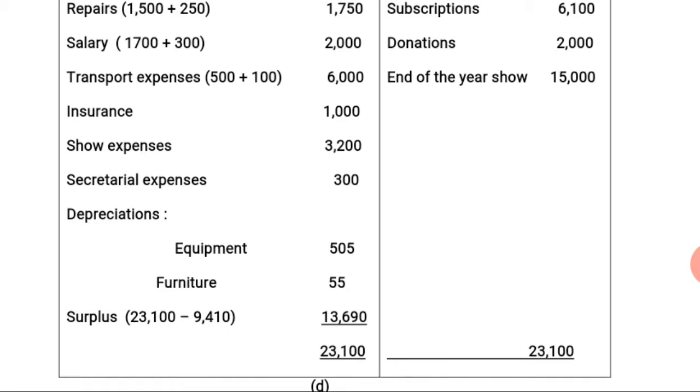Show expenses 3,200 naira, and secretarial expenses 300 naira. So by totaling that, then we have the depreciation to be charged for the year, and as stated in additional information number 2, our depreciation stood at equipment 505 naira and furniture 55 naira. So all these expenditure items totaled 9,410 naira.